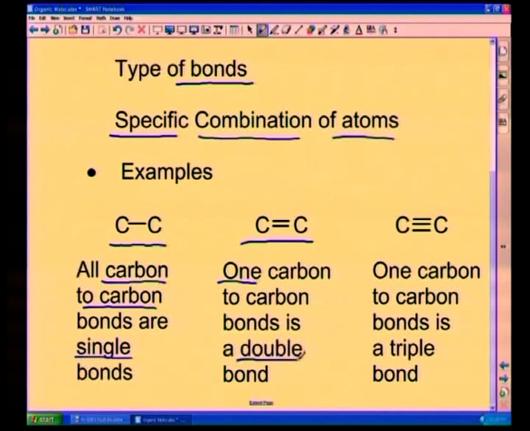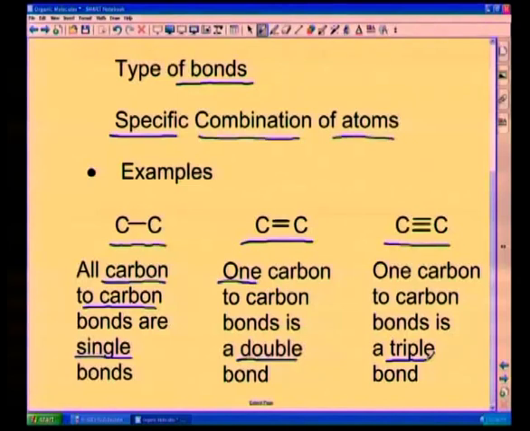The last one, we can have a situation where we have a triple bond between carbon atoms, and that again lends itself into another functional group that we are, of course, going to talk about.